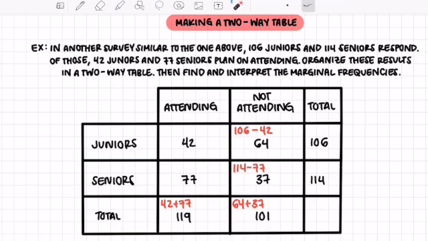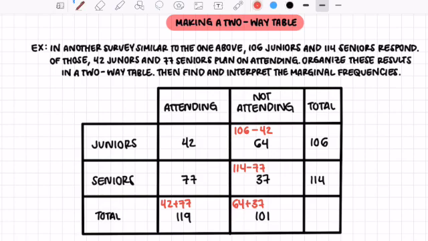And so based off of that, we could also identify the total amount of people that were surveyed. All I need to do here is either add up the 119 plus 101, or I could add up the 106 juniors and the 114 seniors. And that would give me the total of people that were surveyed.